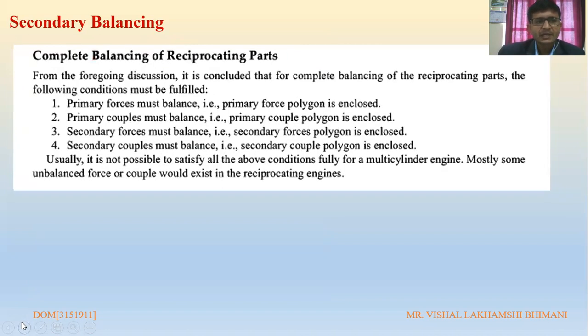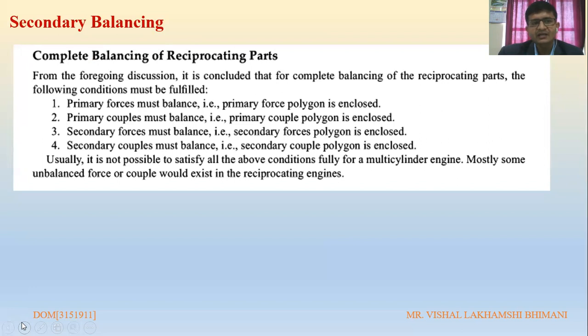For the complete balancing of the reciprocating parts, from the foregoing discussion, it is concluded that the following conditions must be fulfilled. First, the primary forces must balance, meaning the primary force polygon is enclosed. Second, the primary couples must balance, meaning the primary couple polygon is enclosed.